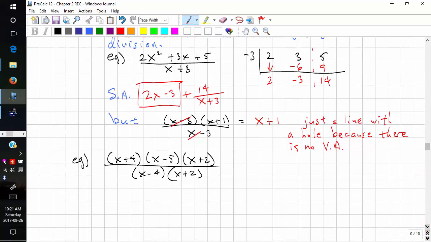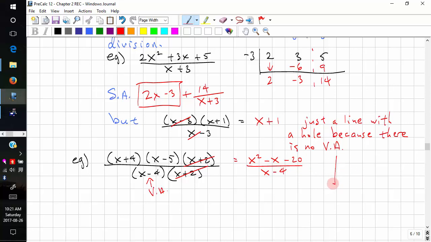And if we look at one more example, we look at this expression, we can cancel this out, but we have a vertical asymptote here. So that means we do have a slant asymptote. The degree of the numerator is 1 bigger than the degree of the denominator. And we can also test this out by doing the division. Let's multiply this out. This is x squared minus x minus 20 over x minus 4.